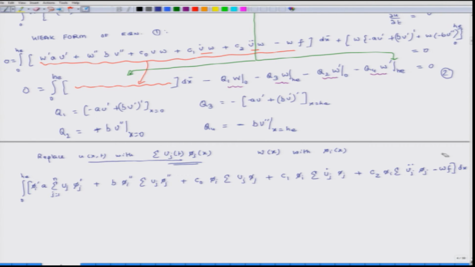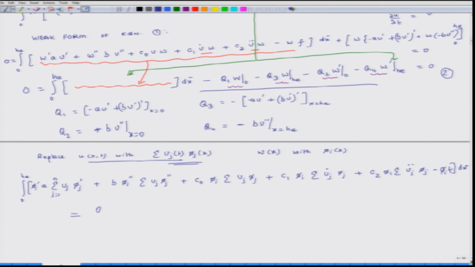The whole thing is integrated over not dx, but dx bar. And then of course, this w is actually phi I, so it is phi I times f, and this entire thing equals. I am now shifting all these boundary terms to the right side of the equation.